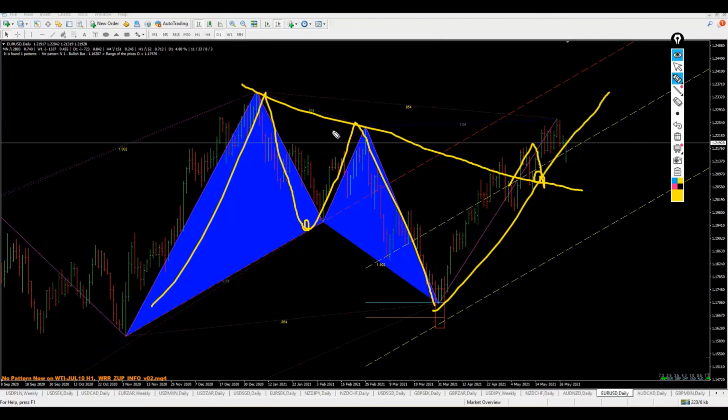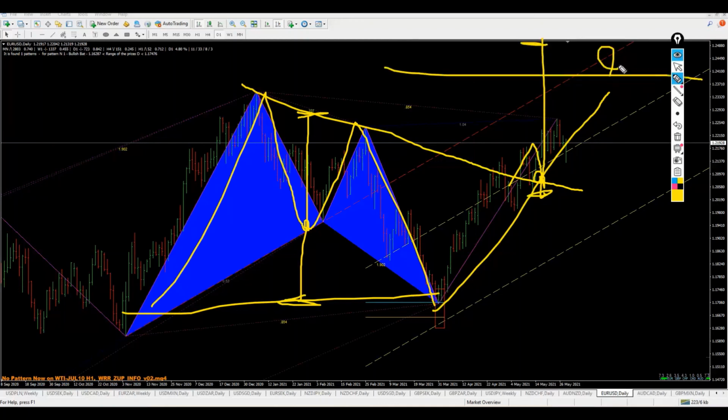And as I said, the final target would be somewhere around here. If this is the whole height of this, implementing the height somewhere in here, this is the final target for us. So that's how I'm going to trade this.